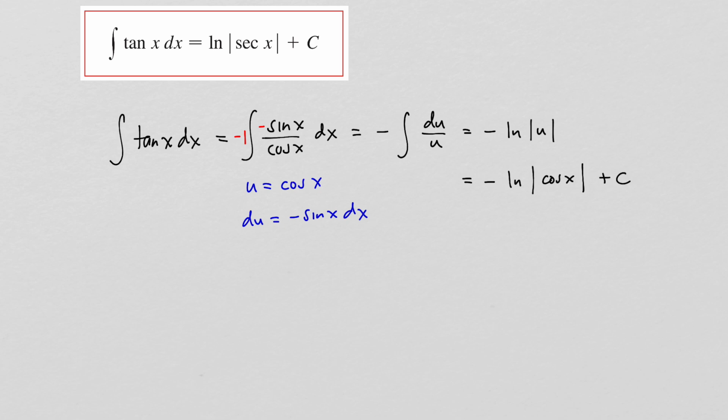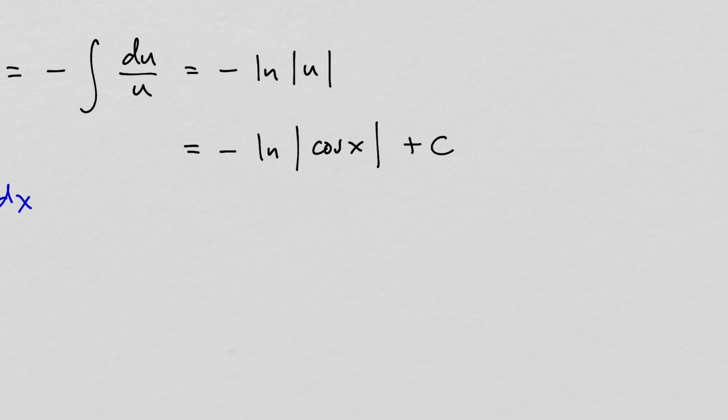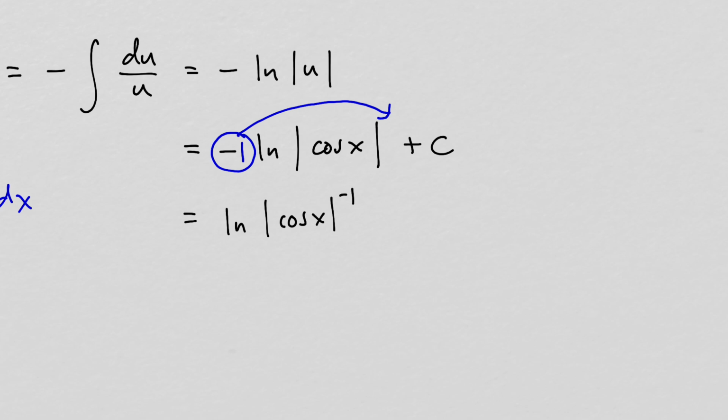Now you'll notice that in the formula here, that's not what they have. They have something a little bit different. So let's just go through this. If you think of this as a negative 1, remember that there is a property of logarithms that allows you to bring this up as a power. And so this becomes natural log of the absolute value of cosine to the negative 1 power.